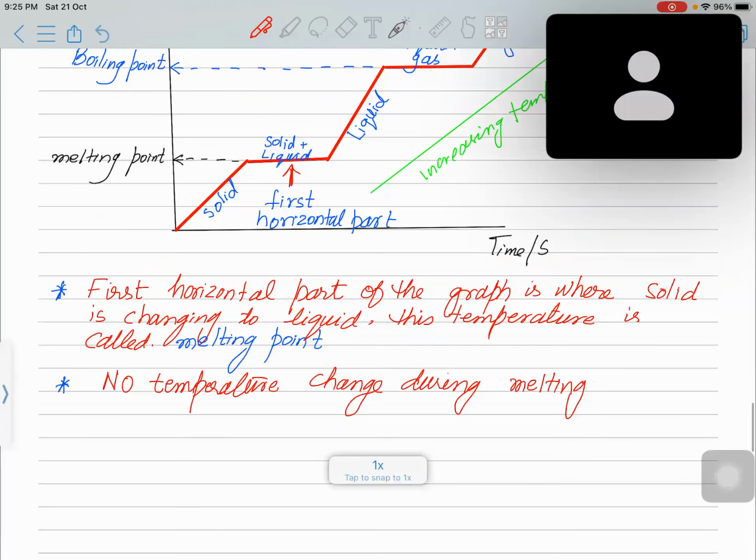You can see that there is no temperature change; the temperature is the same.